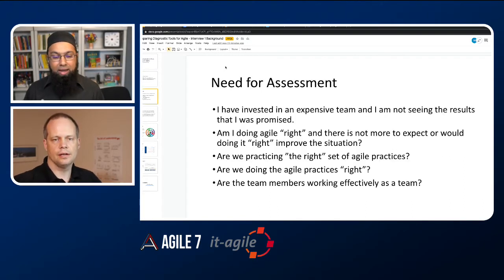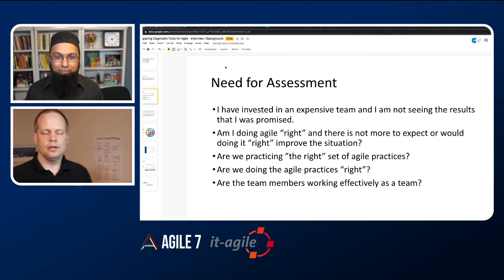Exactly. So let me ask you this question, and I know we have this question in front of us. Why is there a need for assessment even today? Yeah, so usually you have invested in a number of teams so that they become agile teams. And with that, you were promised a lot of aspects, agility, easy delivering software, time to market, and a lot of other things.